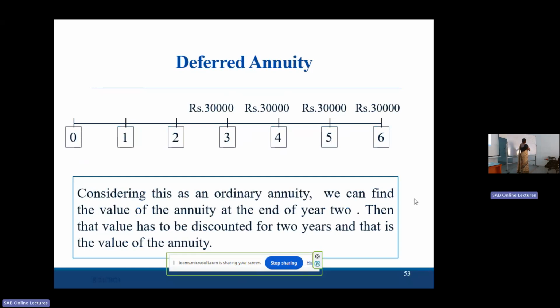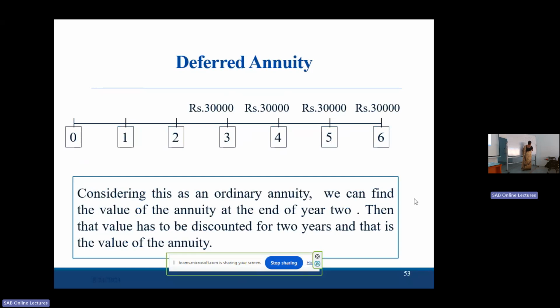Then if you consider this as an annuity due, your value at the end of year 3, in our original deferred timeline, we are at the end of year 3. So value at year 3 is equal to 30,000 into 1 minus 1.13 to the power minus n, where n is 4: beginning of year 1, year 2, year 3, year 4.